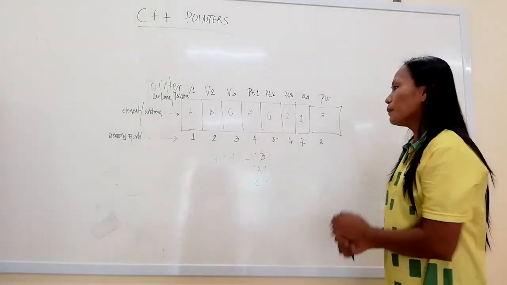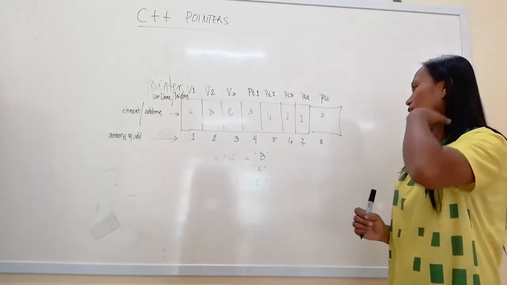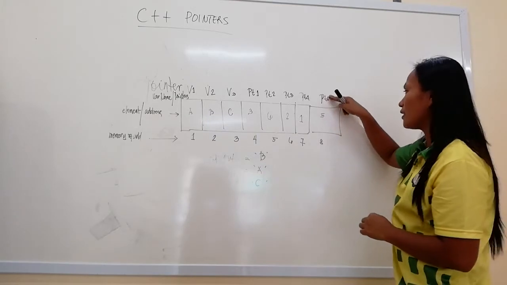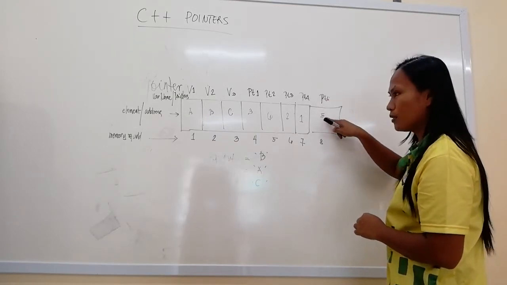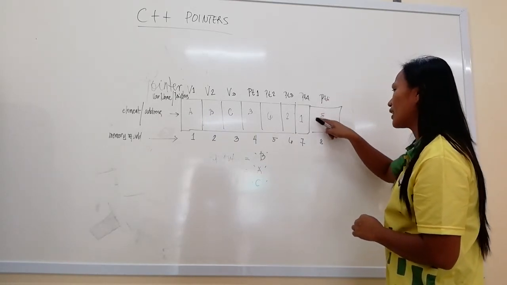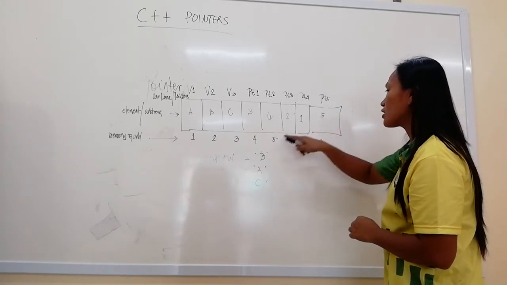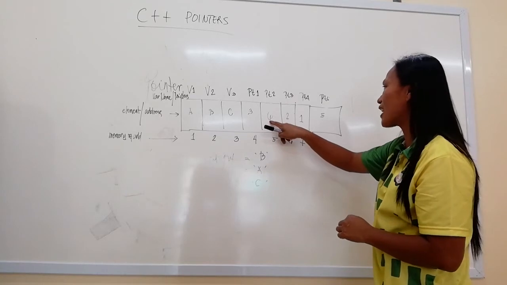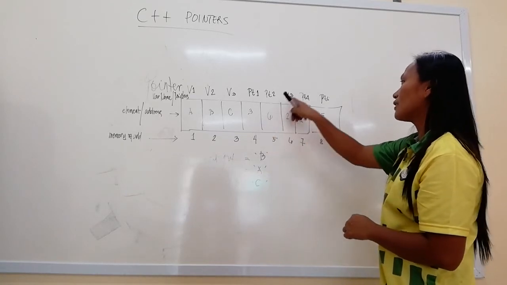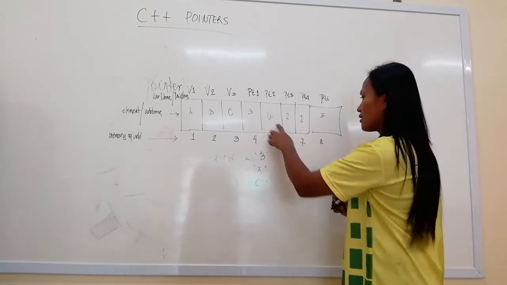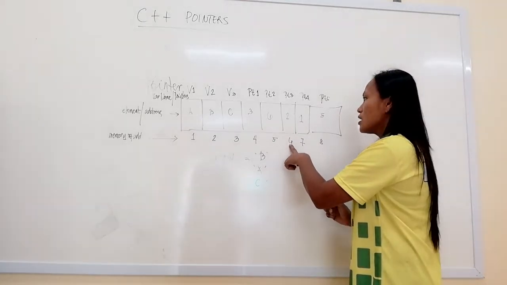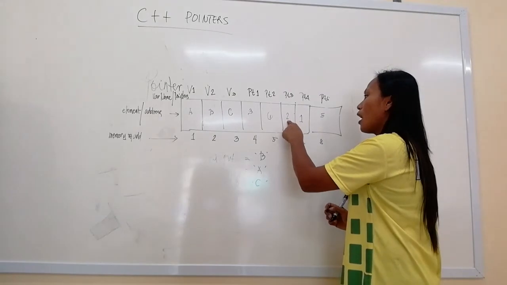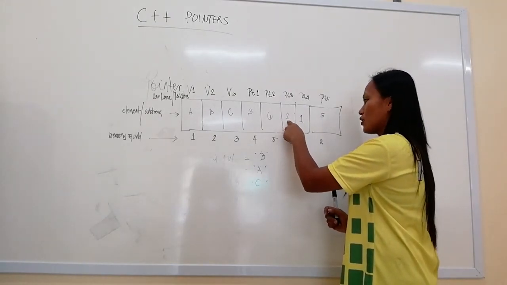Okay, so we have to review. The pointer 5 here indicates the value 5. So, we are referring to the address 5 here, which contains the value of 6. This 6 is the address of pointer 3. Then, pointer 3 contains the memory address 2.